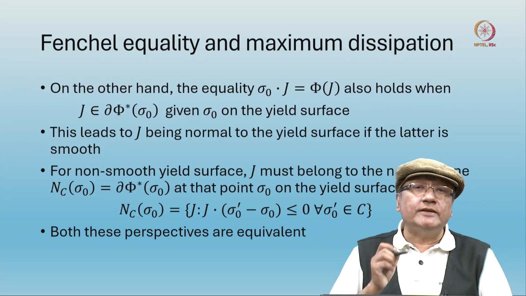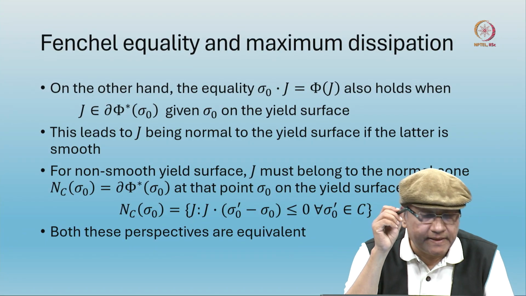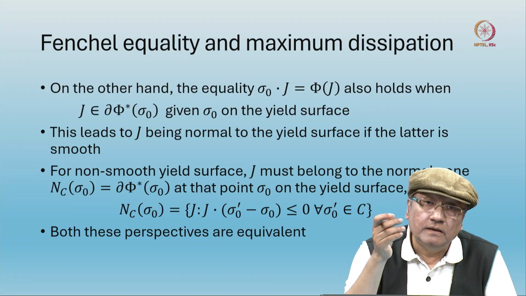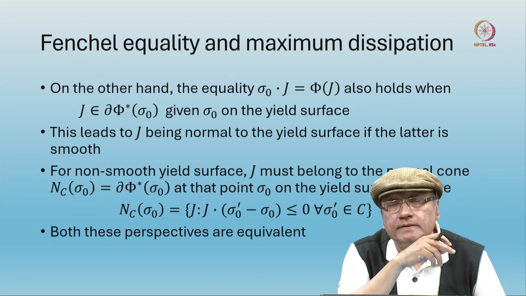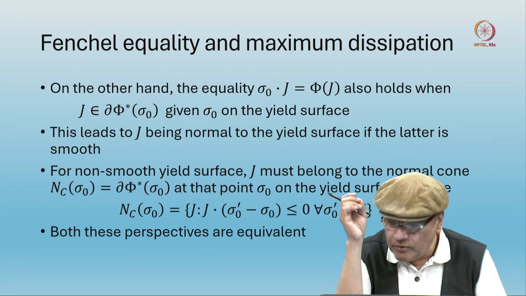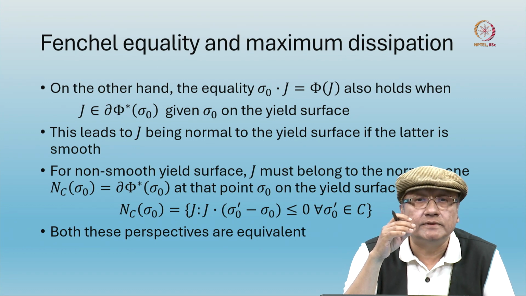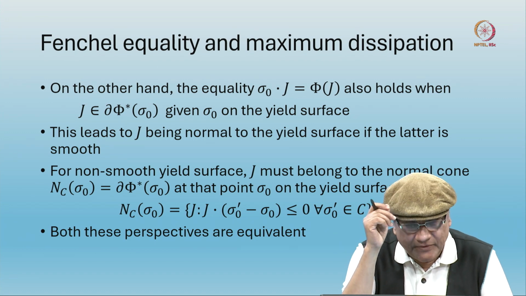Anyway, so we can actually have another representation of this maximum dissipation principle. It is simply this. Earlier we fixed J, that is the thermodynamic fluxes. Now what we can do, we can fix the thermodynamic forces, right.